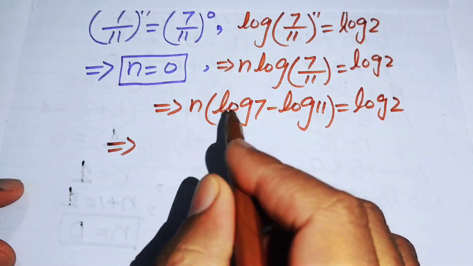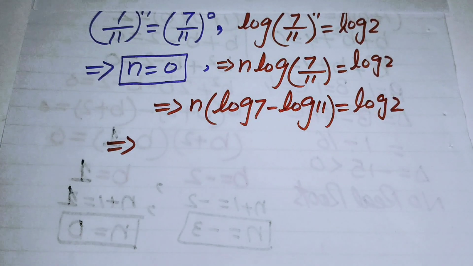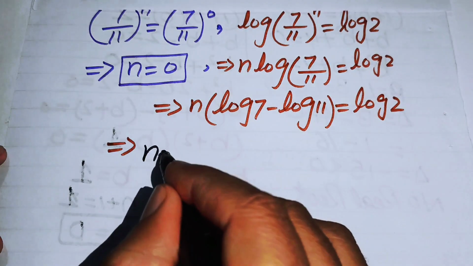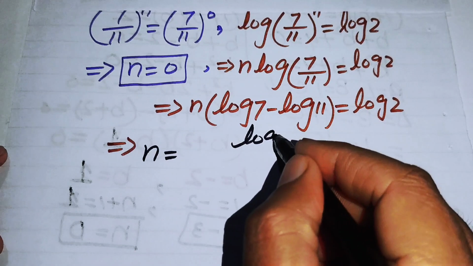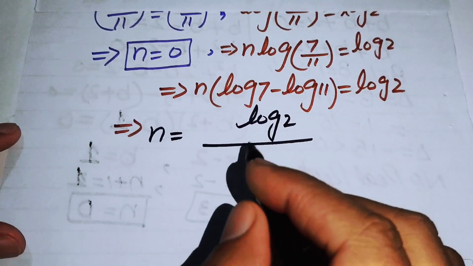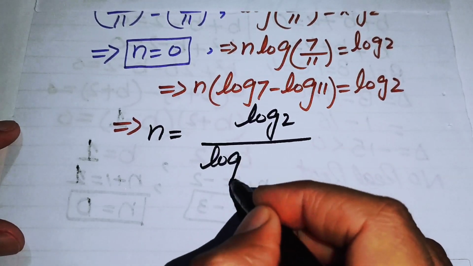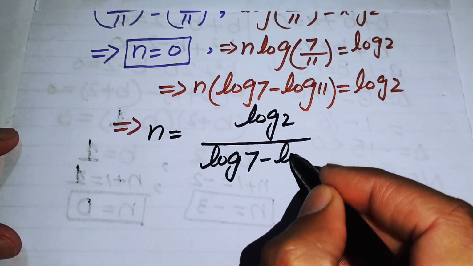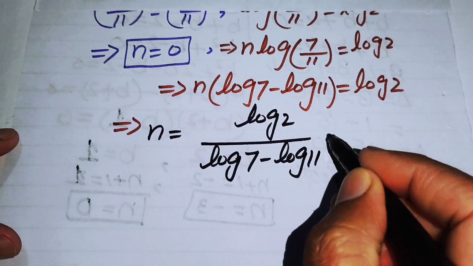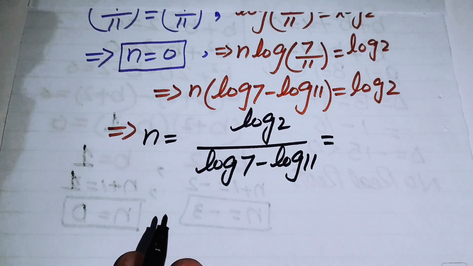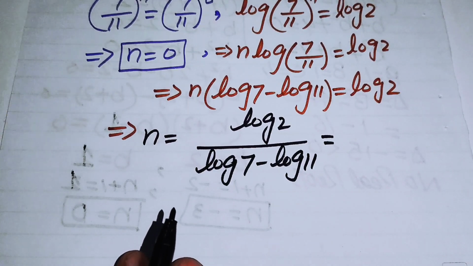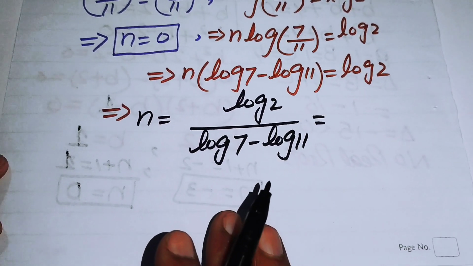So here we move the terms including log from the left hand side to the right hand side. So we will get here n equals log of 2 divided by log of 7 minus log of 11. So here we use the logarithmic table or calculator in order to find the values of log.